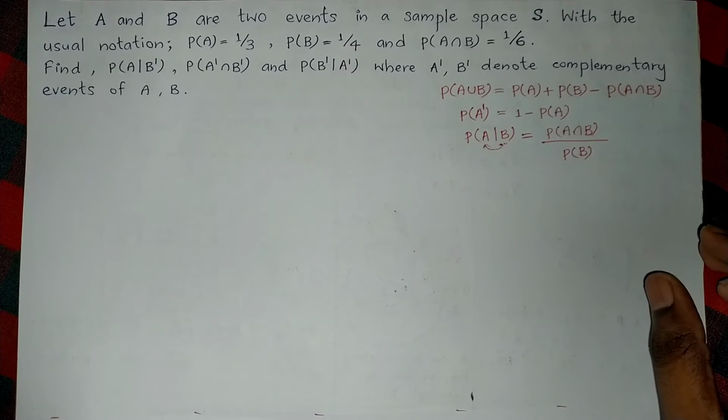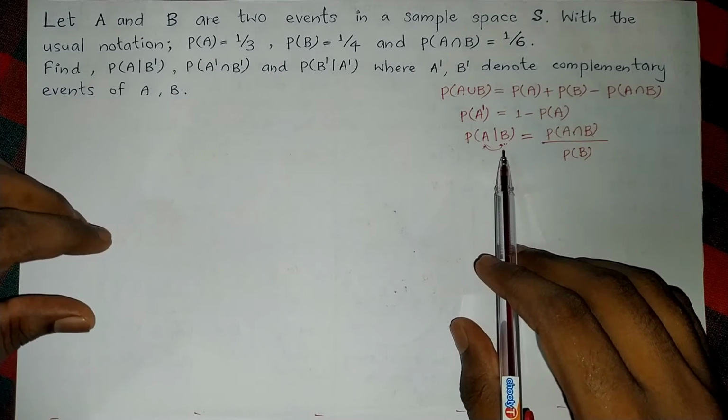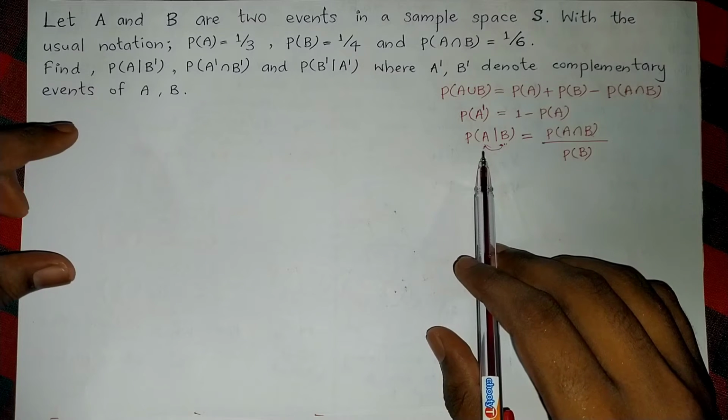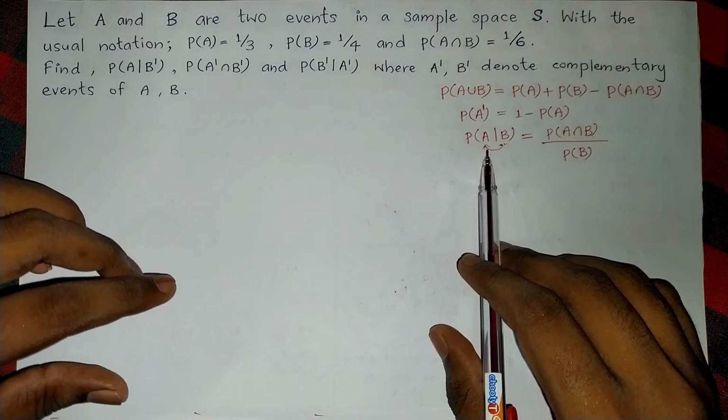The meaning of A given B is that event B has already occurred and we have to consider the probability of event A occurring.